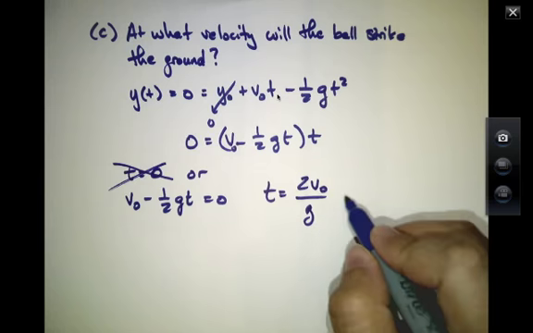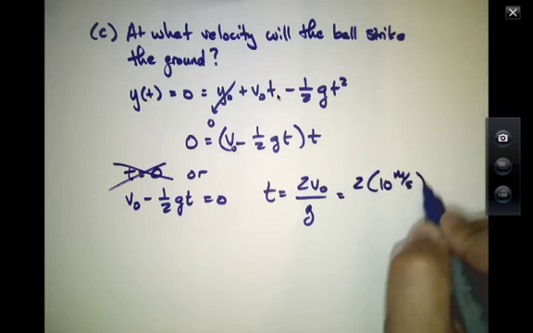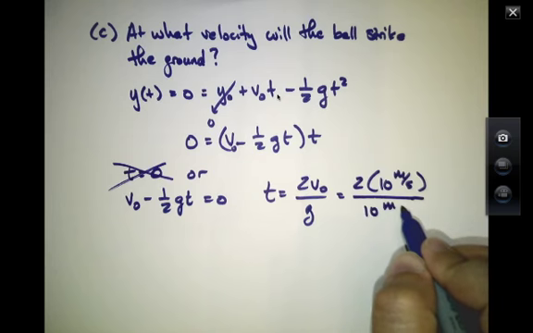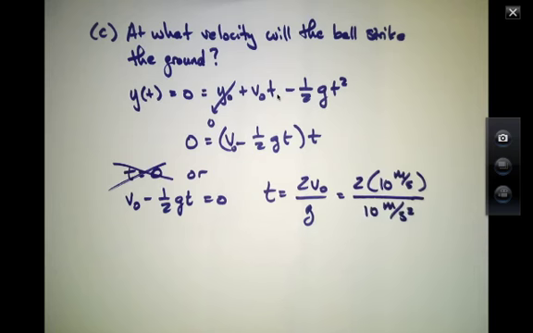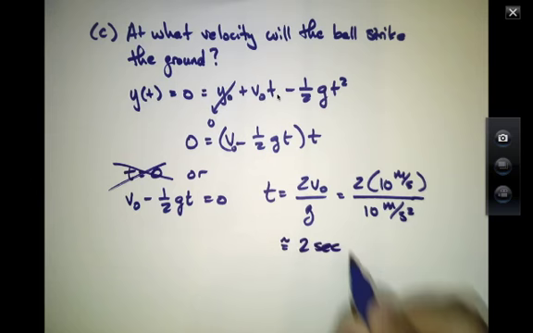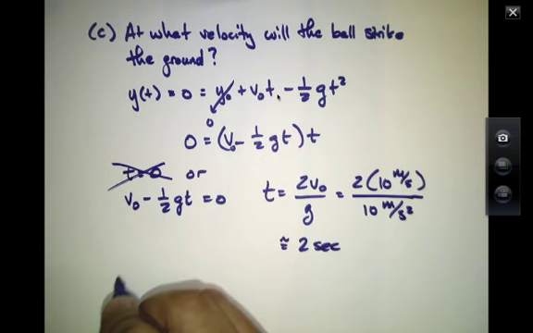And if one inserts 2 times 10 meters per second, because that's the v naught we were given, and I use approximate values here of 10 meters per second squared for g, I get that this is about 2 seconds. Notice this is exactly twice the value that it took for the ball to go up to the top of its arc.